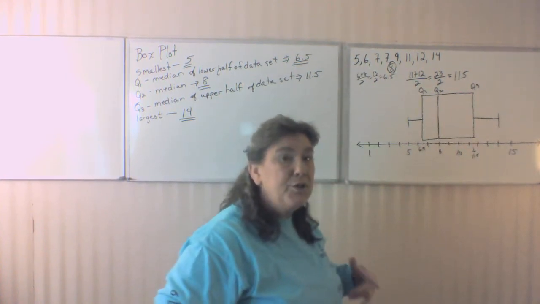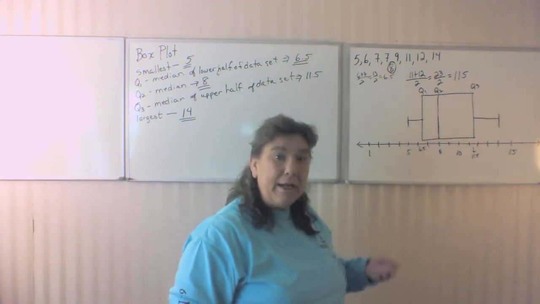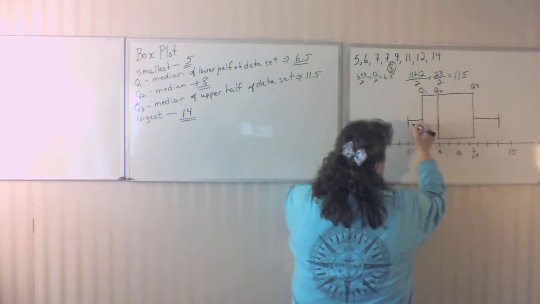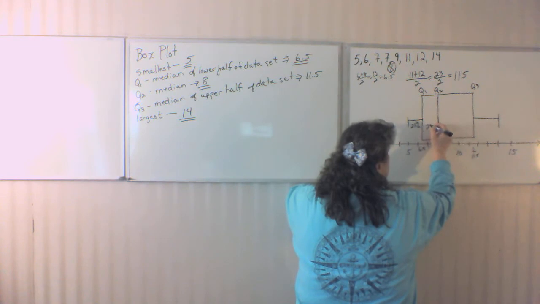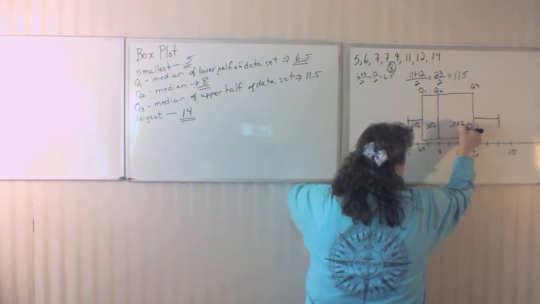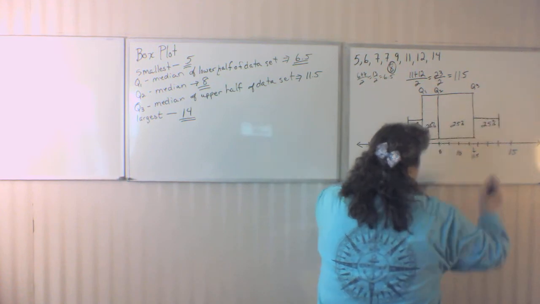And so each one of those segments contains 25% of the data. So this lower segment right here contains 25%. This segment contains 25%. This contains 25%. And this one contains 25% of the data.